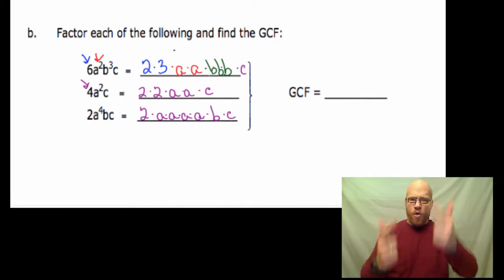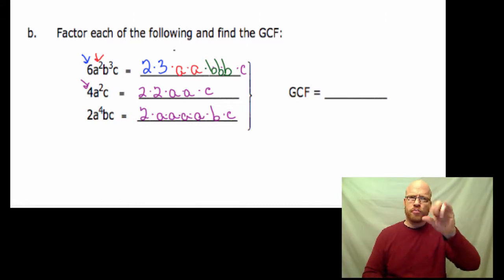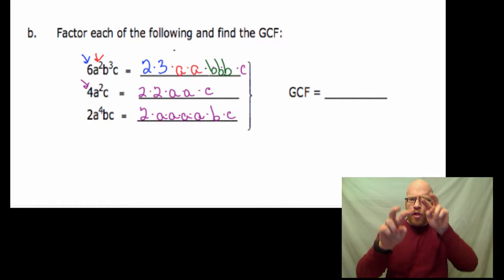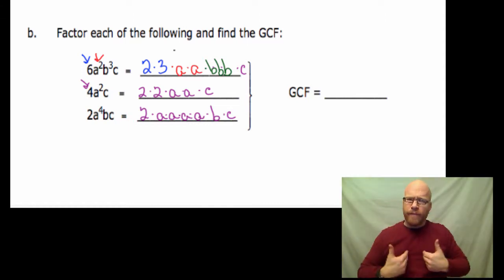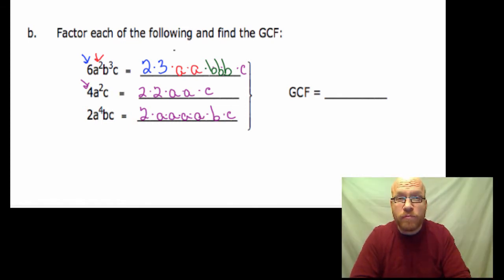Now we've fully factored each term into the smallest possible factors. They're all prime factors. There's no further division we can do. Now we have to figure out what matches across all three terms. I notice 2 is in each term. So 2, 2, and 2. That's easy.